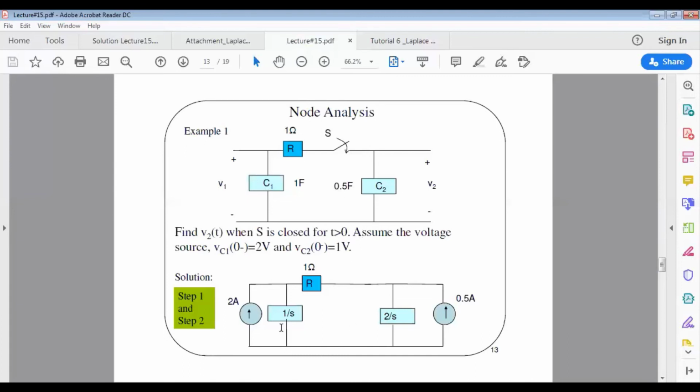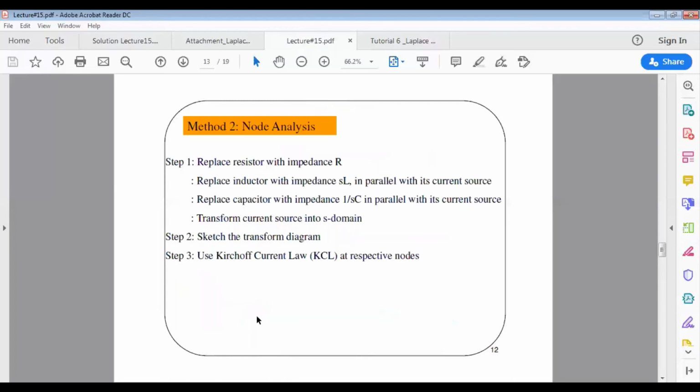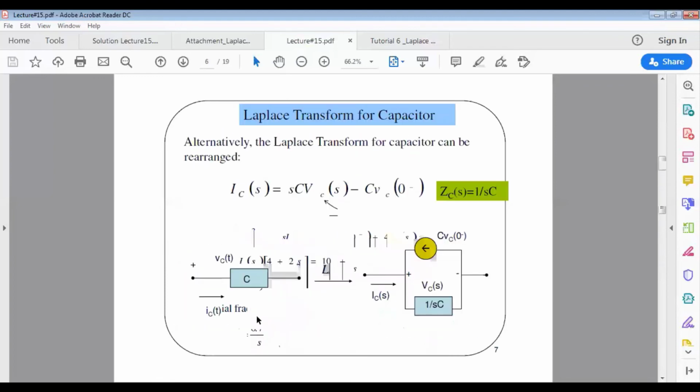You can refer to the transform diagram for the capacitor. When substituting the impedance value and the current source value, you are supposed to get 1 over SC for the impedance. C is 1, so we have 1 over S. For the current source, let's look at the equation for the capacitor.